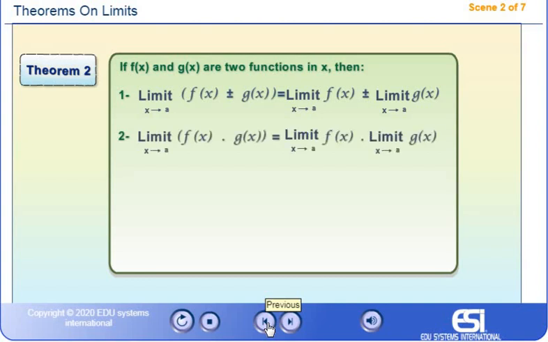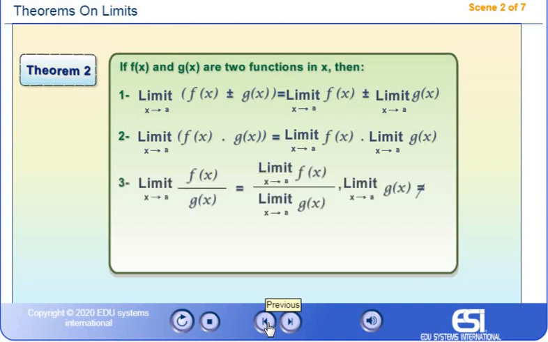Limit f of x multiplied by g of x as x tends to a equals limit f of x as x tends to a multiplied by limit g of x as x tends to a.